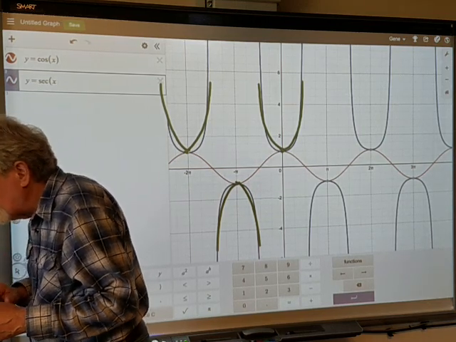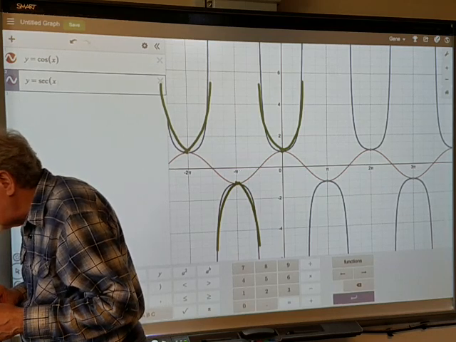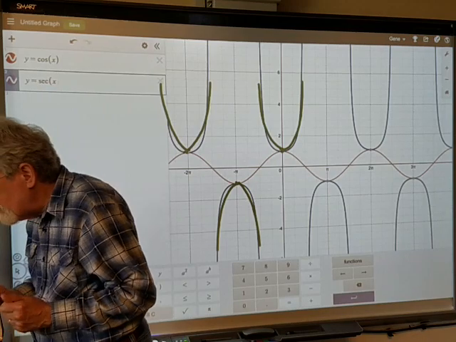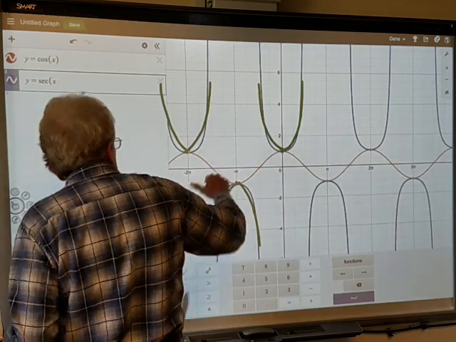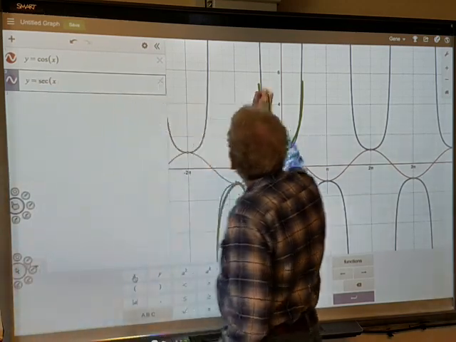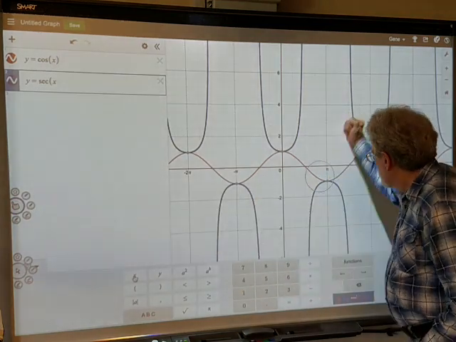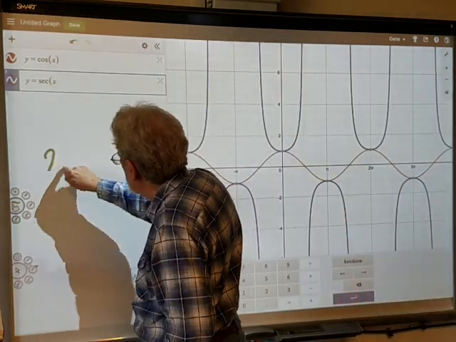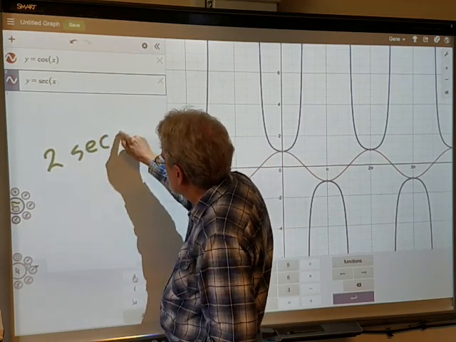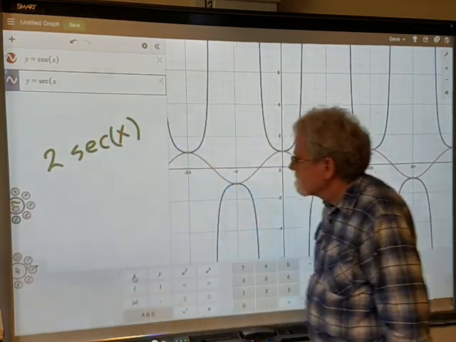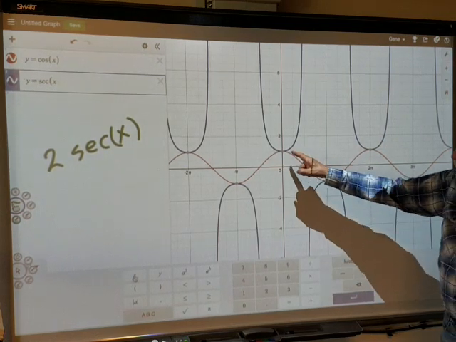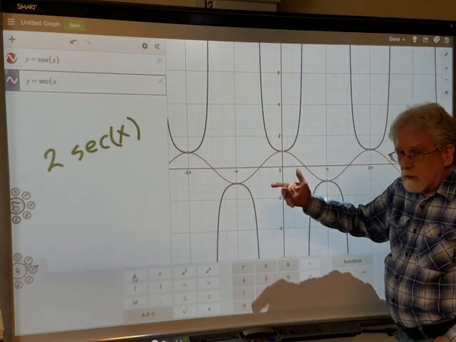Let's consider what happens if I have, for instance, 2 times secant of x. Well, 2 secant of x would be just like secant of x, except instead of starting at 1, it starts at 2.